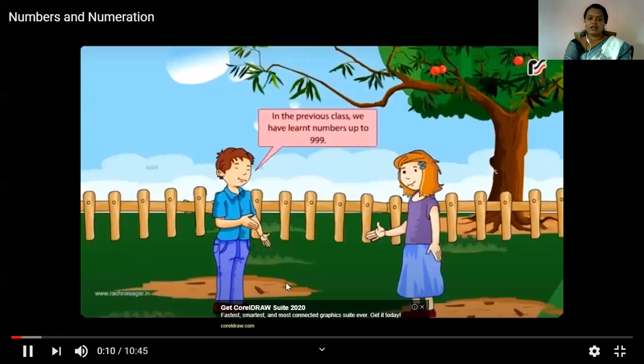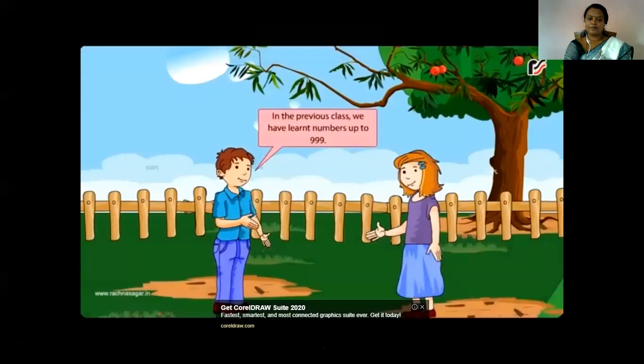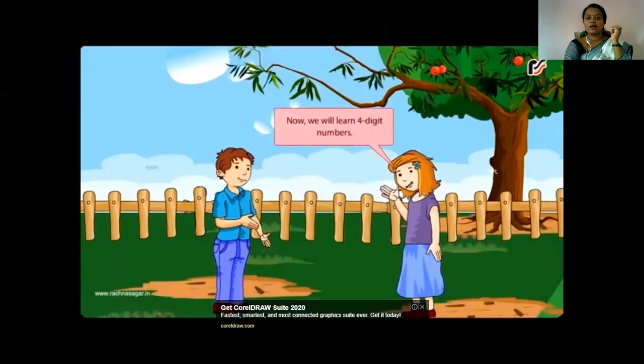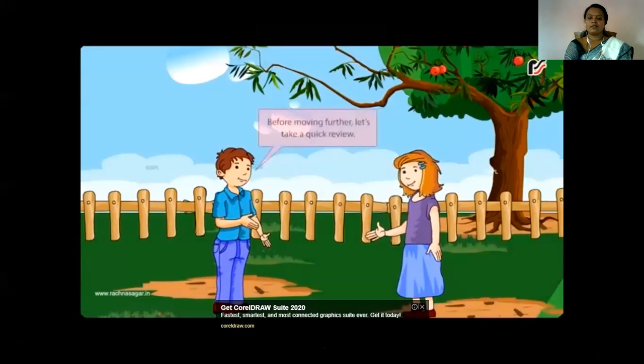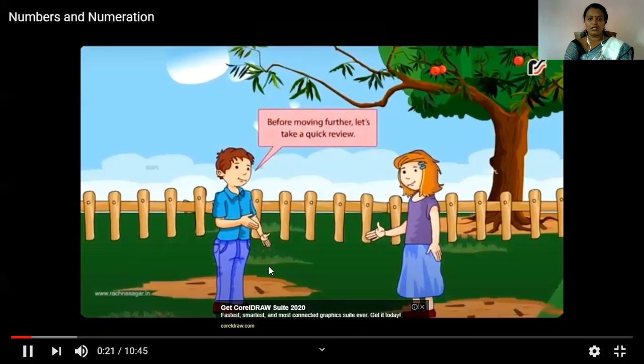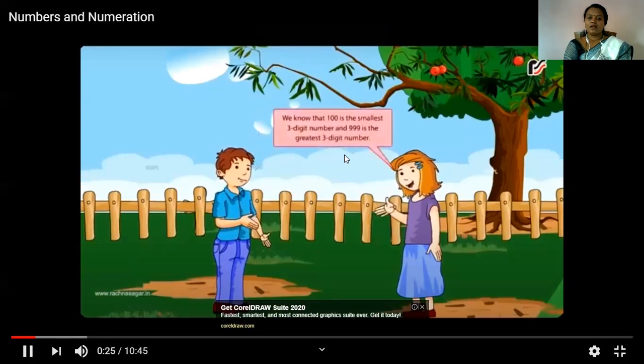In the previous class, we have learned numbers up to 999. Now we are going to learn about 4 digit numbers. Before moving further, let's take a review. 100 is the smallest 3 digit number, whereas 999 is the greatest 3 digit number.